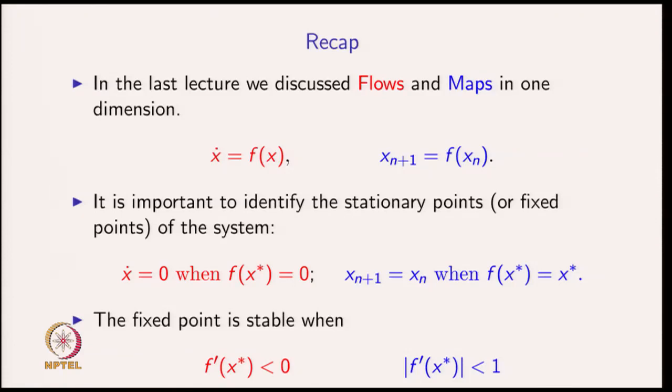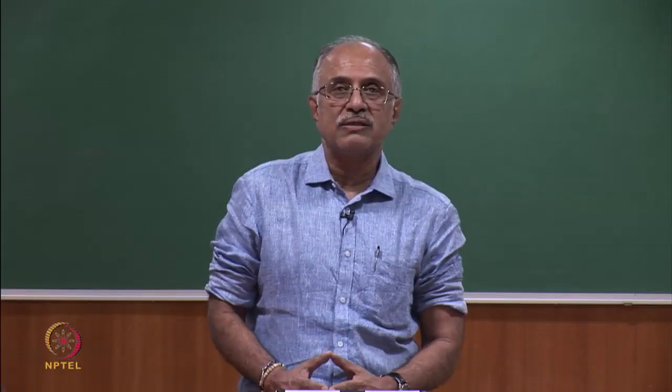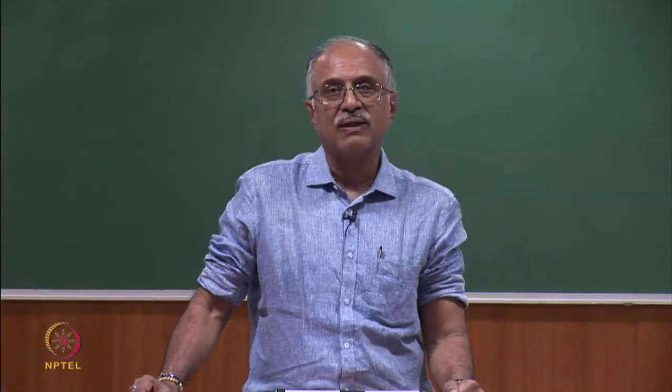The evolution equations were given in one of these two forms, and then we needed to analyze the system in a mixture of both qualitative and quantitative methods. In order to first figure out what the important features of this system were, we noted that it is important to identify stationary points or fixed points of the system.